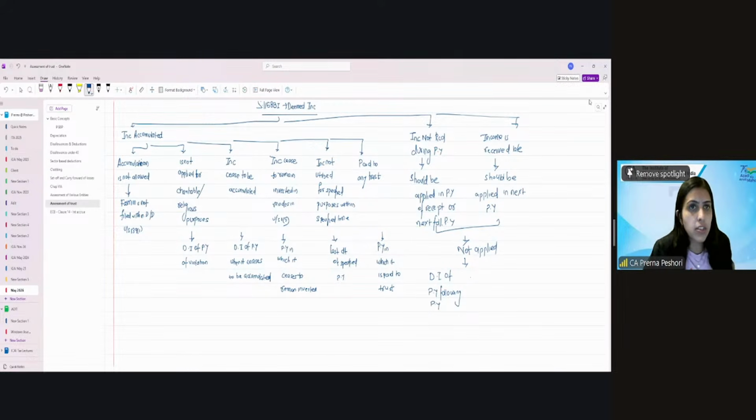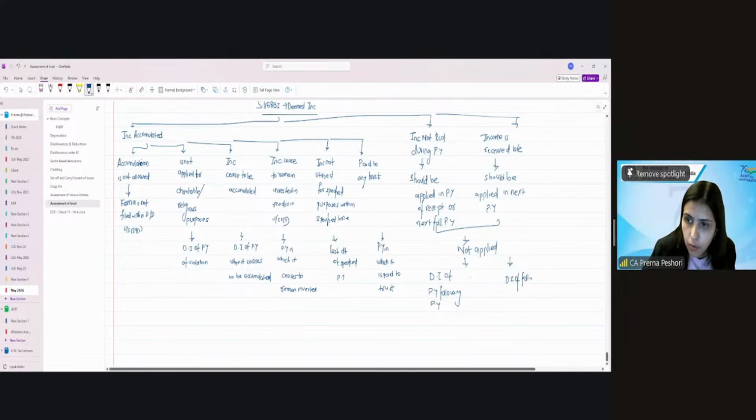So next to next year in which it was supposed to get applied. And in this case, deemed income of the following previous year. Right? Or income is applied for the benefit of prohibited person.